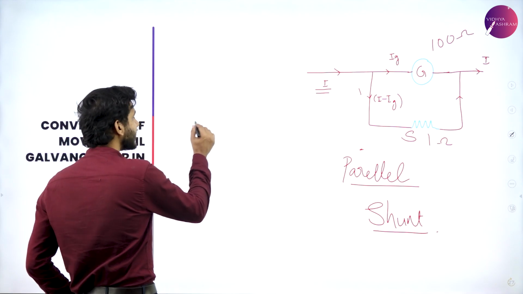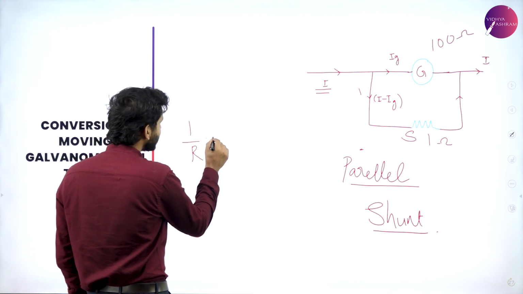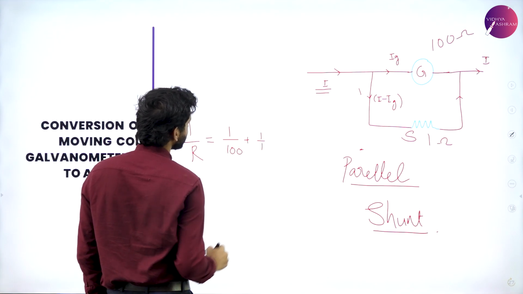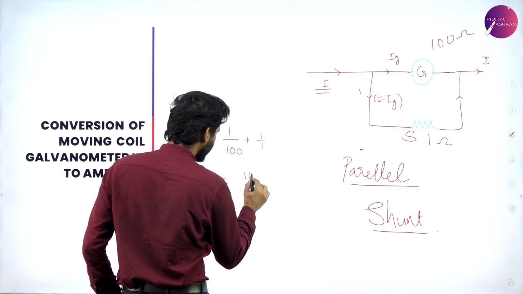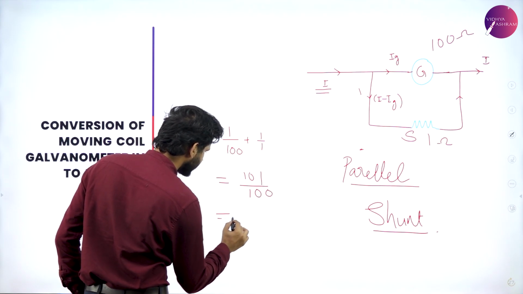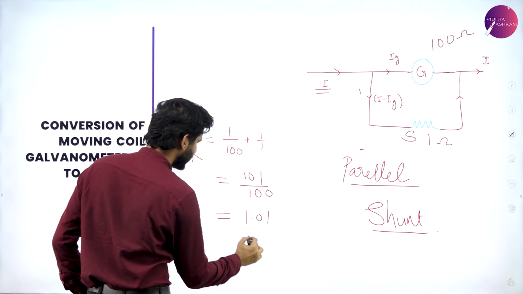If you want to do it, we can do it. 1 by R is equal to 1 by 100 plus 1 by 1. So simply it is 101 divided by 100, or simply it is equal to 1.01.